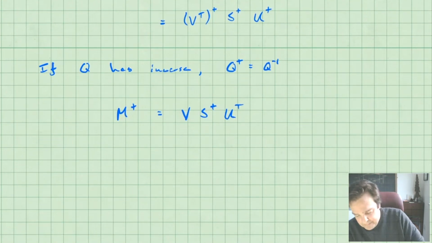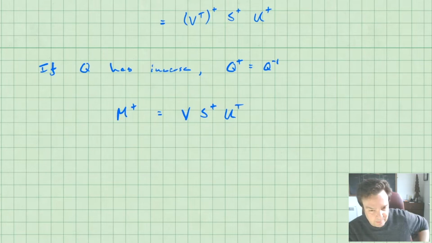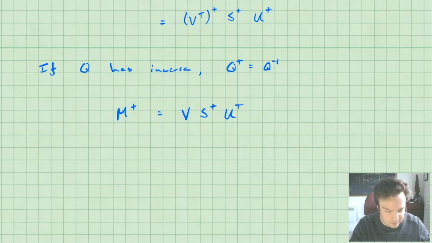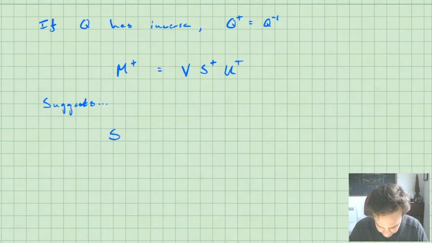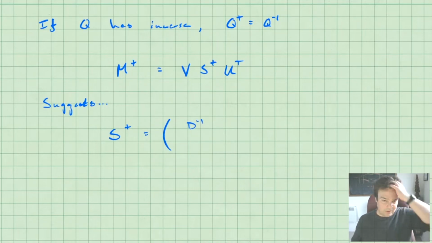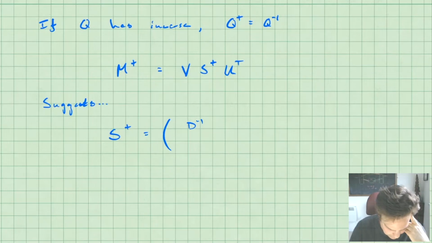So you want to think about what you get if you were to multiply M by M plus, or M plus by M, and so on. This suggests ultimately, and then we can look back at why this is true, that S plus should be equal to something like this: the inverse of the matrix D, which was square and diagonal, so it definitely has an inverse, but filled out like this.